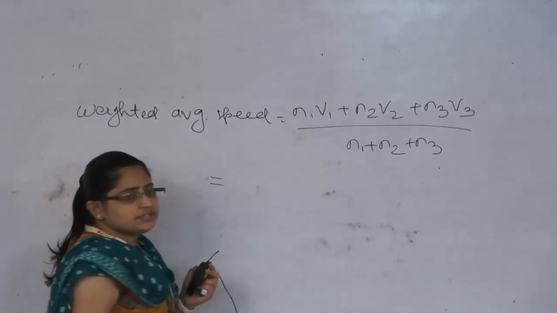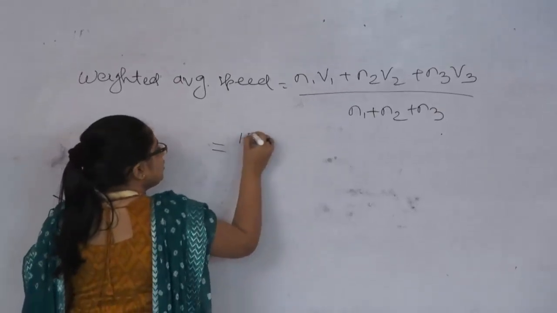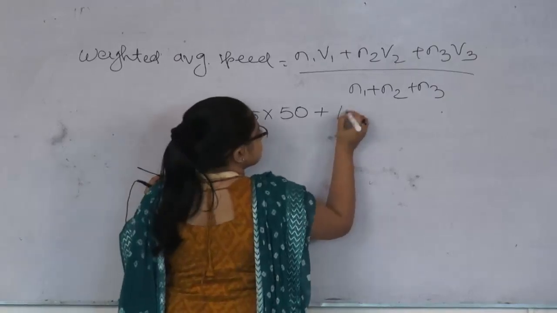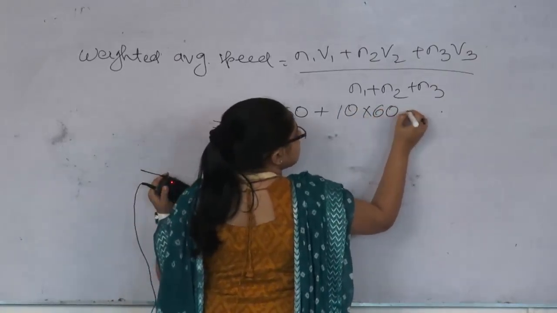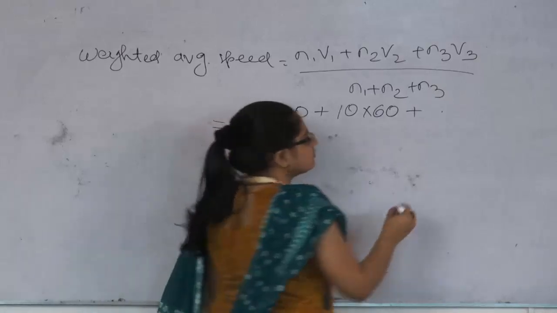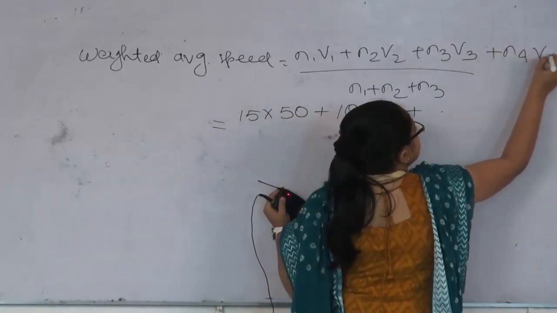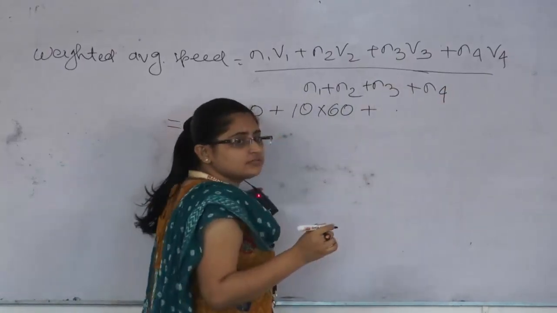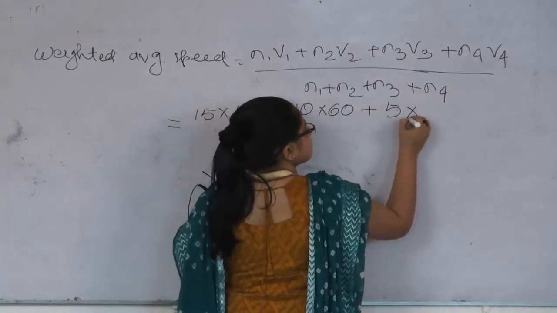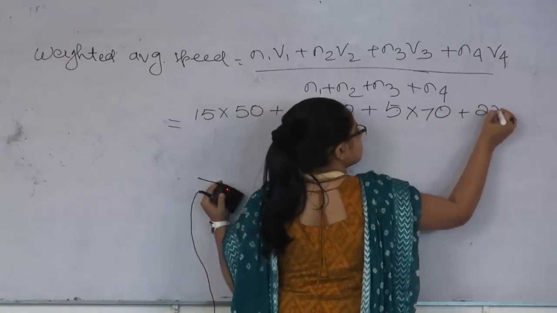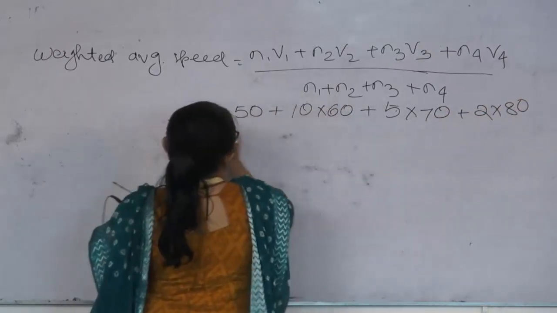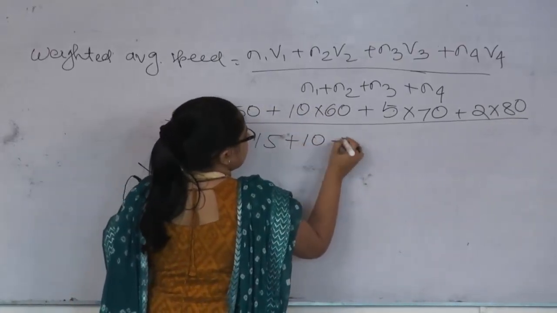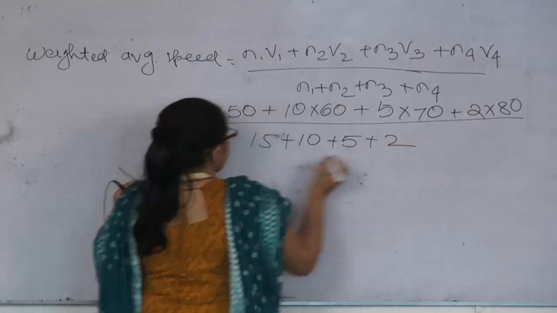So N1 is how much? 15 into 50 plus 10 into 60 plus ... N3 is how much? How much?